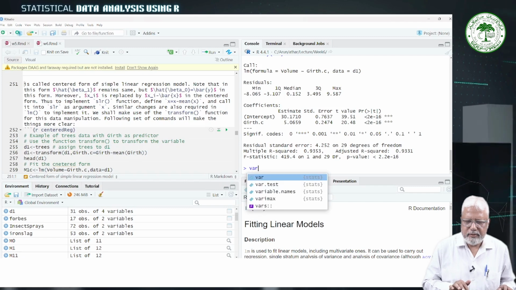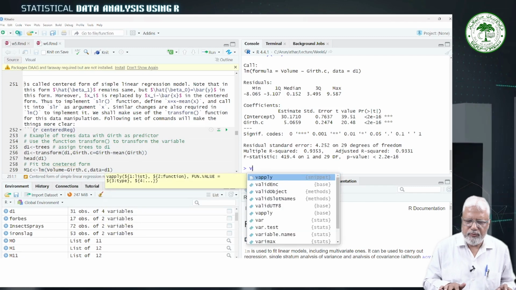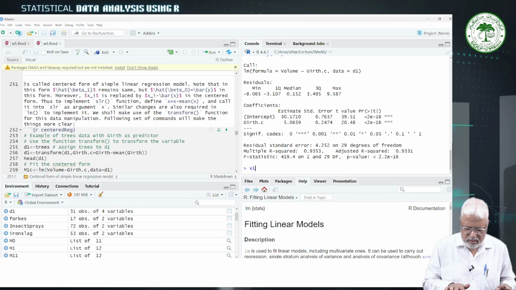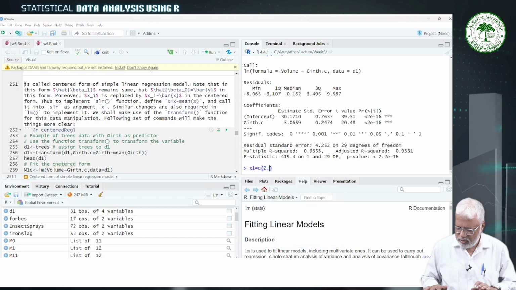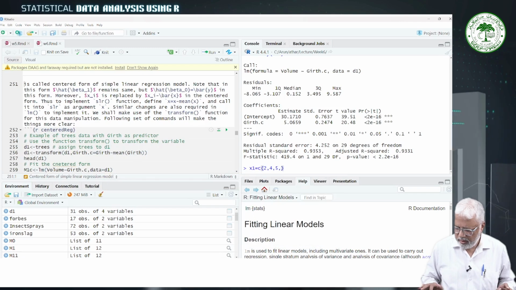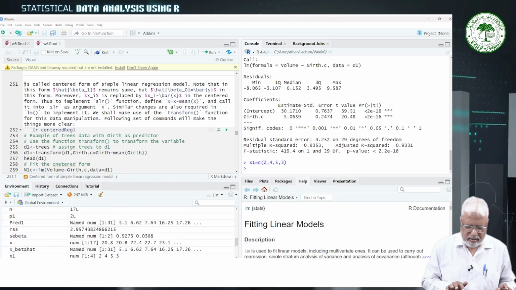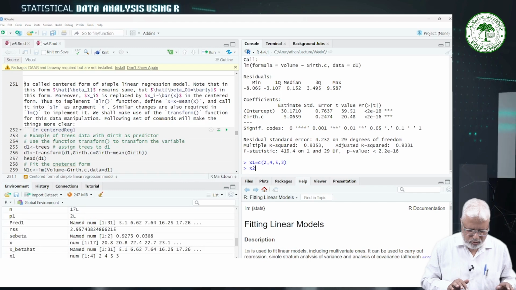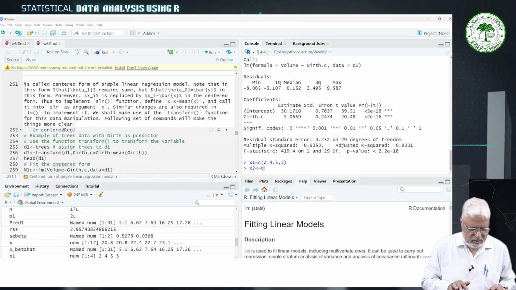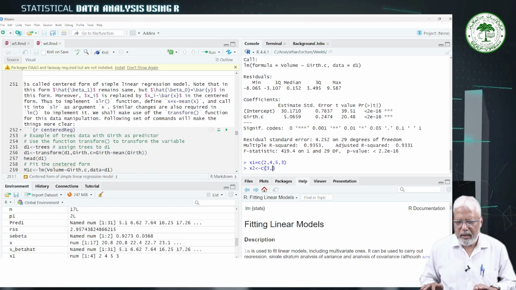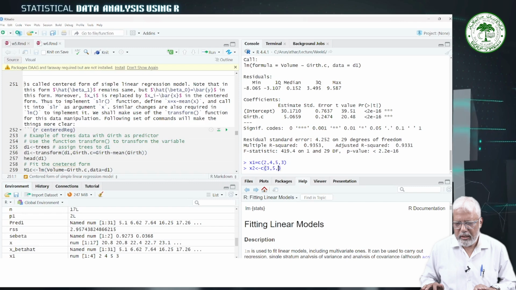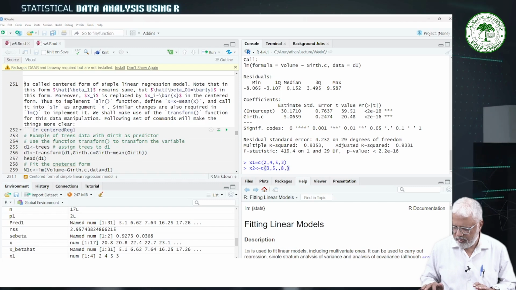Suppose you define a vector x1 is equal to c of 2, 5, 4, 3, and define another vector x2, c of 3, 5, 8, 5.